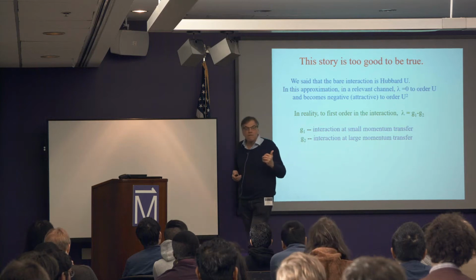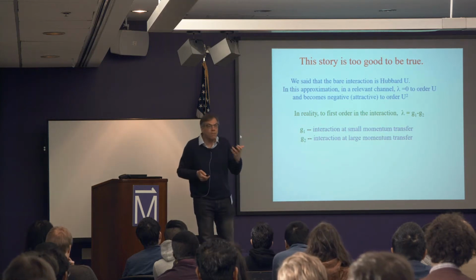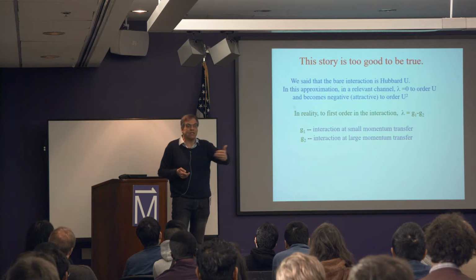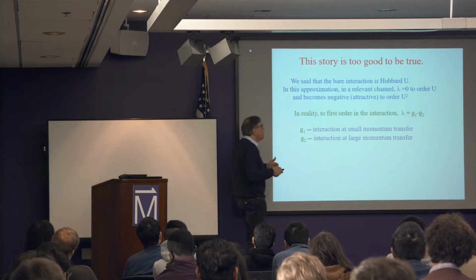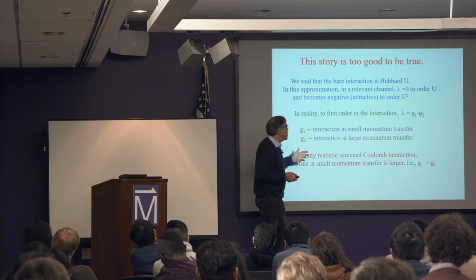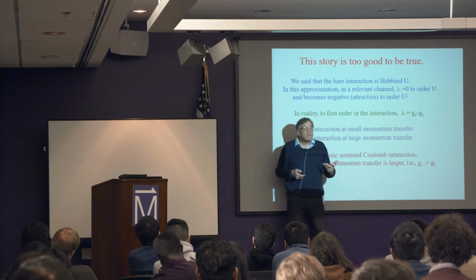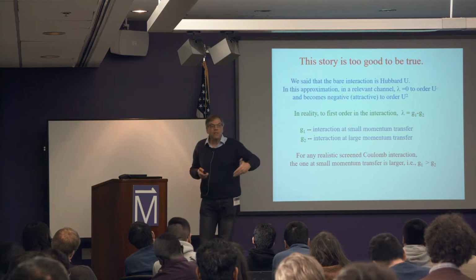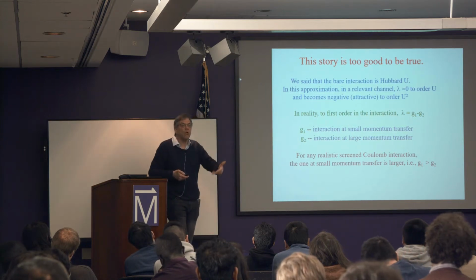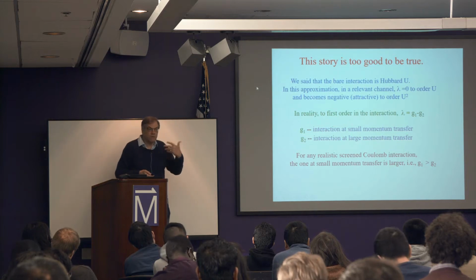And then you can say, forget about perturbation theory, because perturbation theory is a small correction to what you start with. As a result, if lambda was originally positive, then perturbation theory can make it less positive. But you need perturbation theory to exceed a certain threshold in order to change the sign of the interaction.